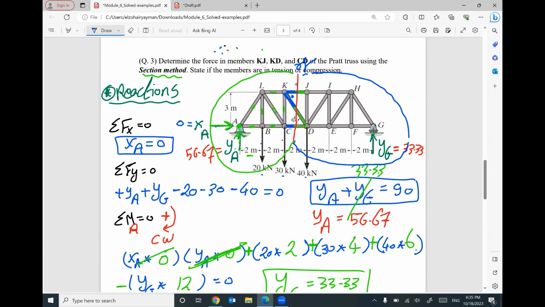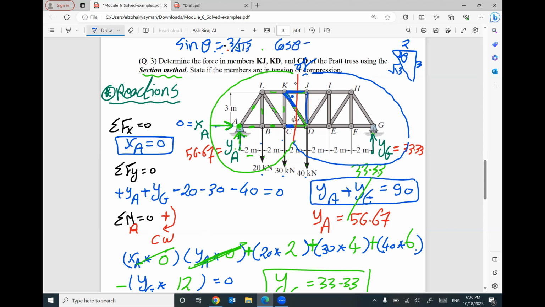This angle theta, I can set up this right angle triangle. This horizontal length equals 2 meters. This vertical length equals 3 meters. So how much is this one? Okay, it will be the square root of 9 plus 4, square root of 13. So sine theta equals 3 divided by square root of 13.